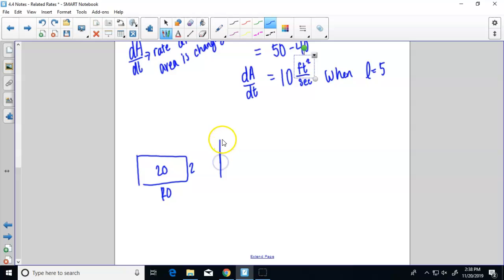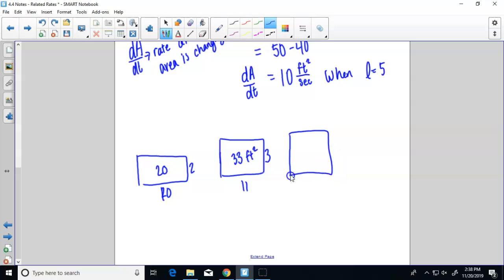The next box might be 3 and 11, which gives us 33 feet squared, and the next one would be 4 and 12, which would give us 48. You see that area went up by 13, then it went up by 15, and the next one's probably going to go up by 17.